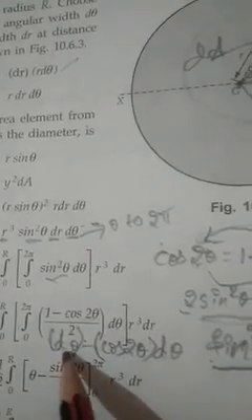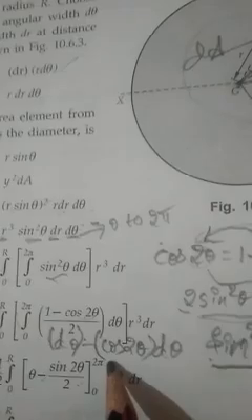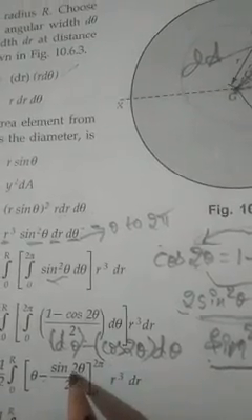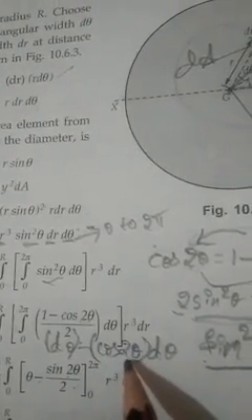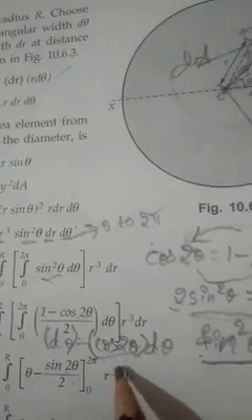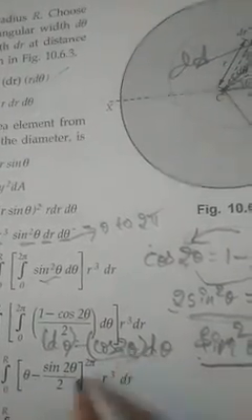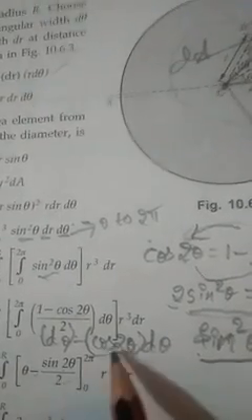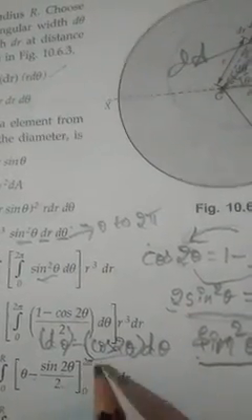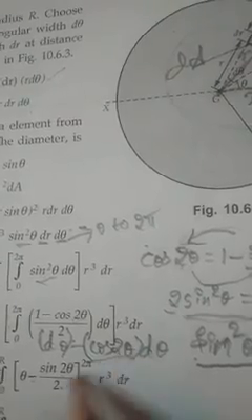If you integrate d theta, you will get theta. Cos 2 theta integration is sine 2 theta, but again for 2 theta, you have to bring that 2 downwards. Whatever is inside, you have to differentiate and bring it.